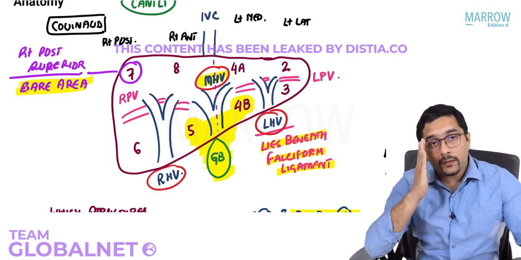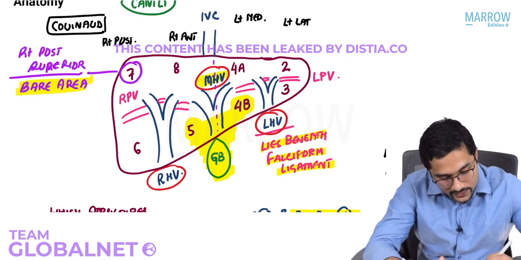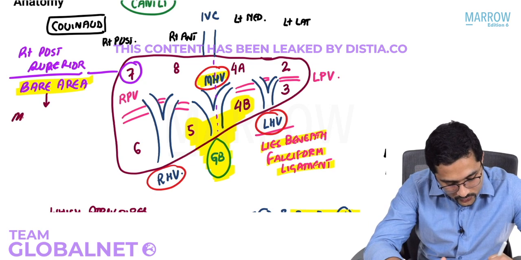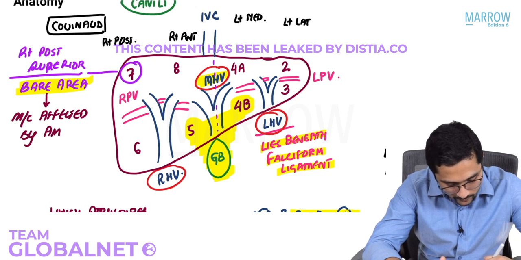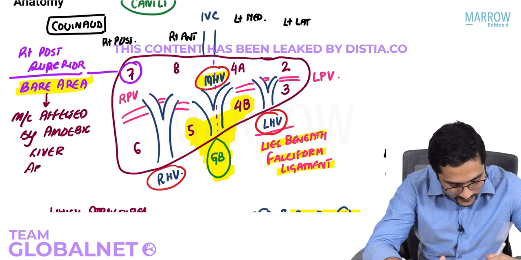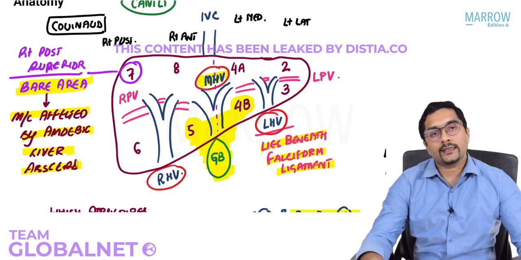And because this is the bare area of the liver, the significance is that it is most commonly affected by amoebic liver abscess. So that is the significance of segment 7, which you should know for the exam.